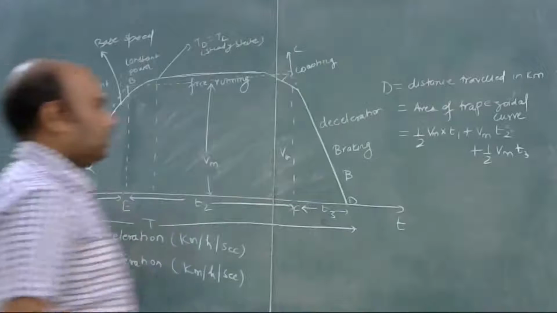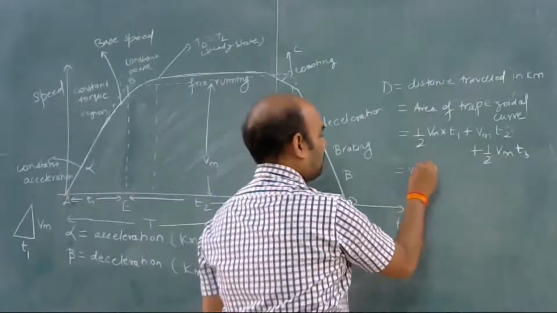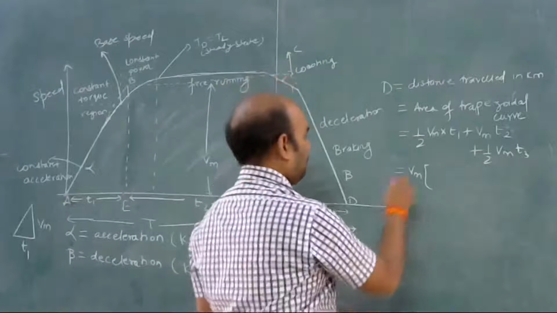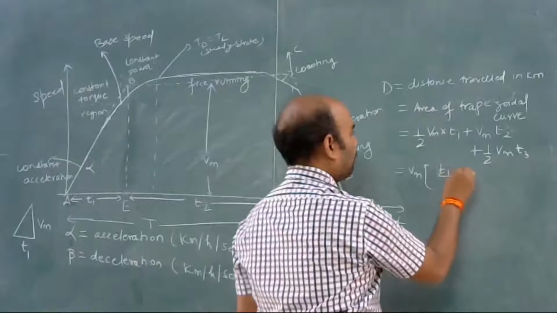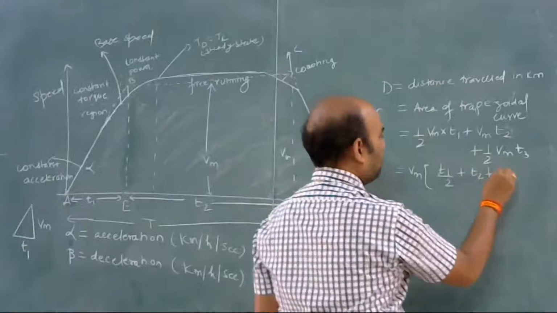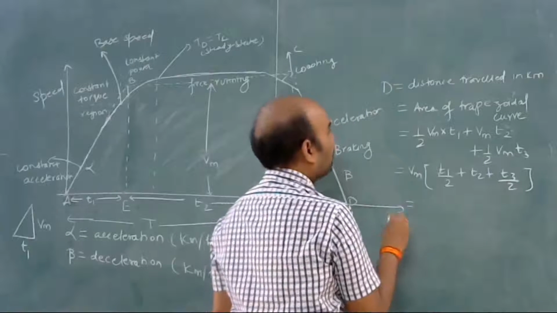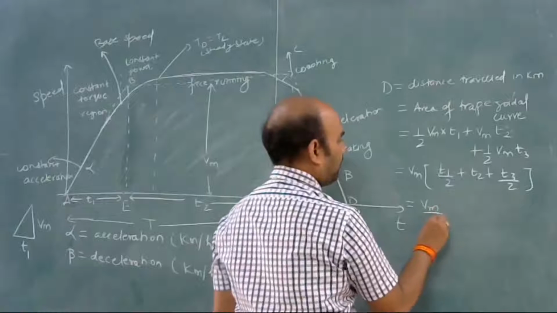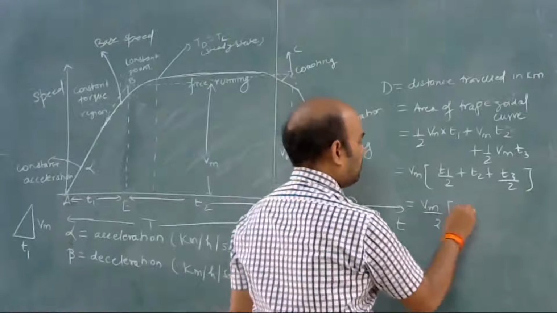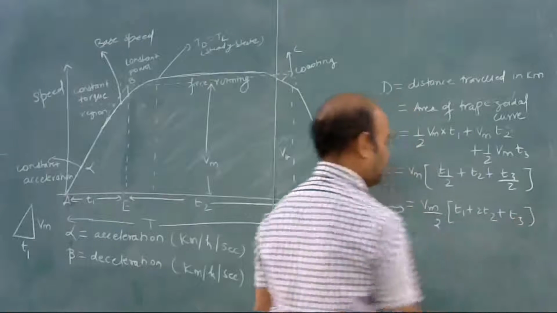Okay, so we take Vm out, so this will be Vm into (T1 upon 2 plus T2 plus T3 upon 2), or this will be equal to Vm divided by 2 into (T1 plus 2 T2 plus T3).